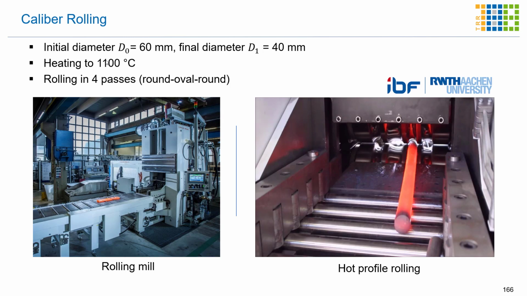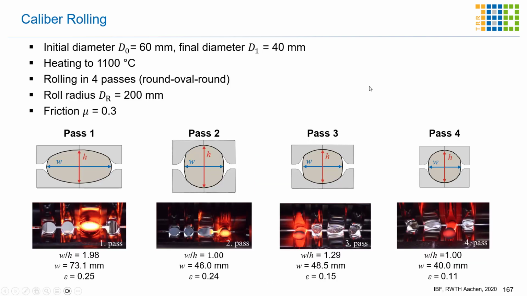The process itself was performed at the IBF at the RWTH Aachen University, and the subsequent simulation and cold forging has been done in Dortmund at the Institute of Forming Technology and Lightweight Components.